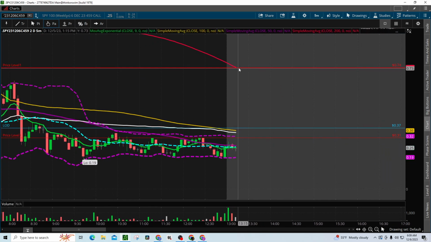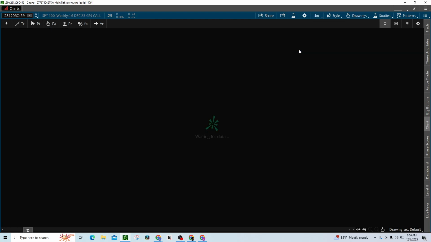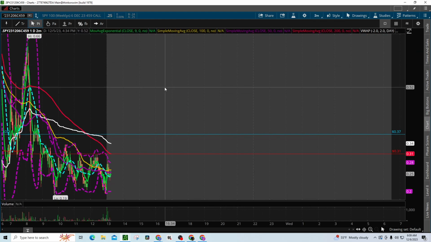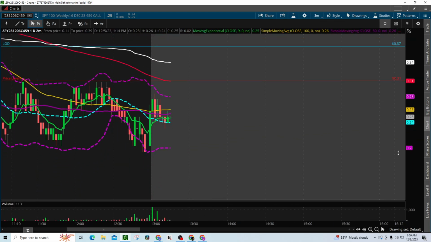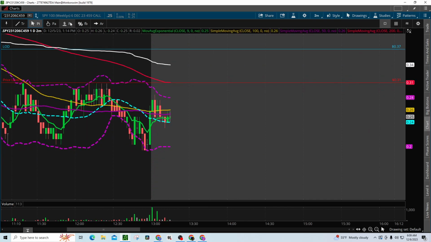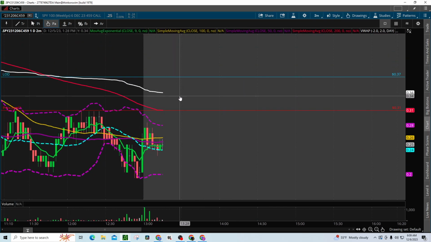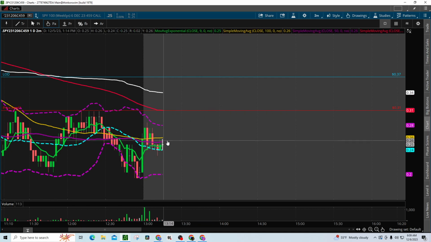It could find resistance at the red here. This is 2-minute mid here. Not the 2-minute mid, the 2-minute 200. So I believe price will open up above here somewhere, and these will be trending up.